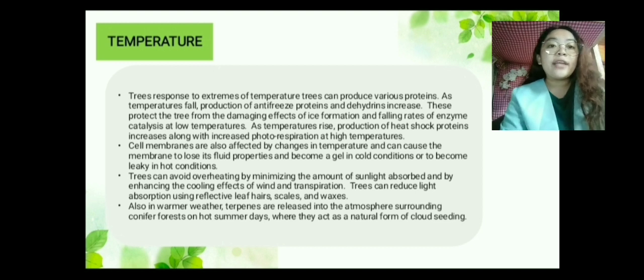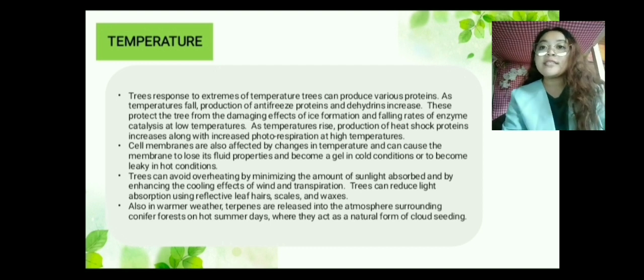Trees can avoid overheating by minimizing the amount of sunlight absorbed and by enhancing the cooling effect of wind and transpiration. Trees can reduce light absorption using effective leaf hairs, scales, and waxes. These features are common in warm dry regions, where these habitats can be seen to form a silvery landscape as the light scatters at the canopies.